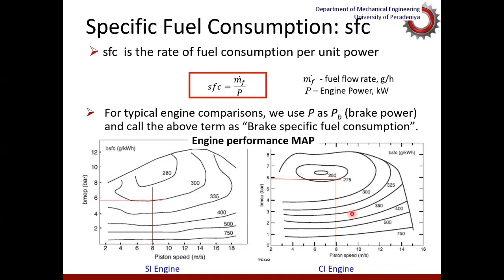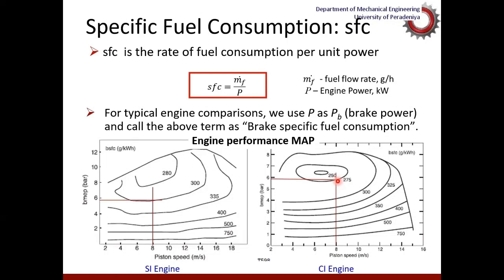On the other hand, in this compression ignition engine, at the same piston speed, 8, and about the same brake mean effective pressure, a little less than 6, you can see this compression ignition engine consumes about 275 grams to produce 1 kilowatt hour of energy.